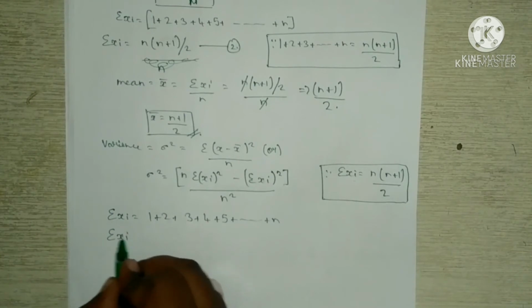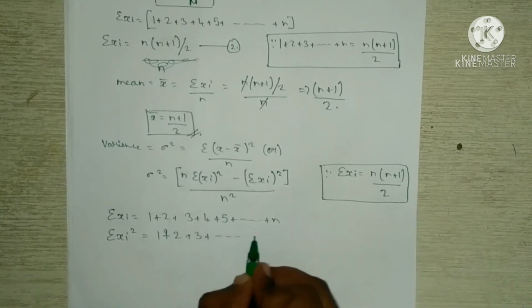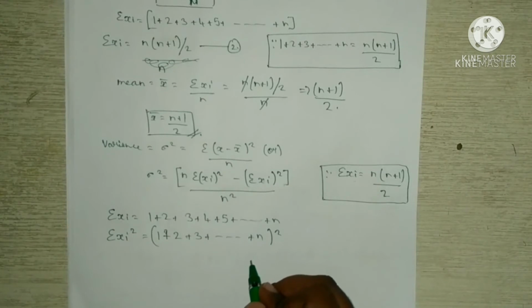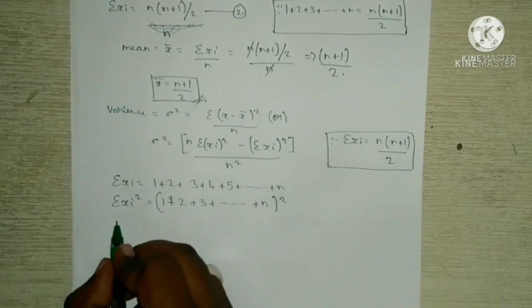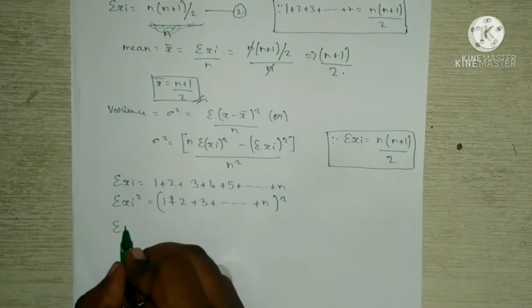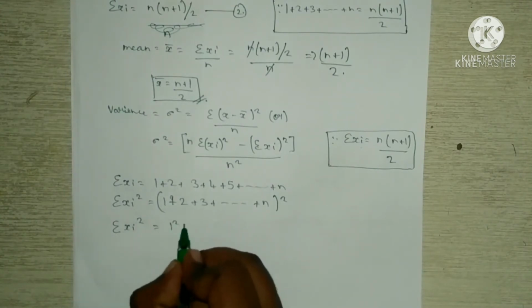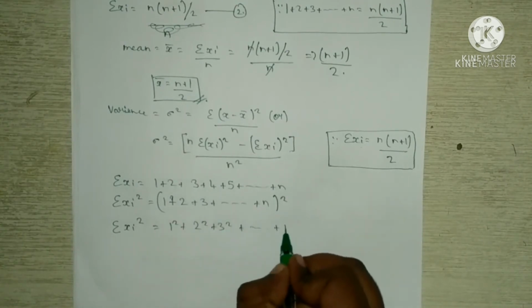Summation xi square is 1 square plus 2 square plus 3 square plus so on plus n square.